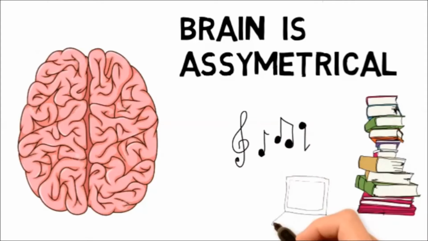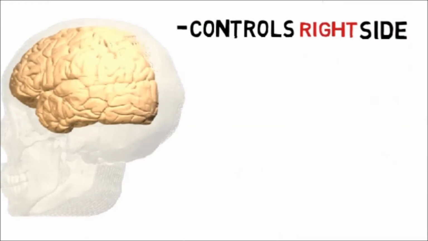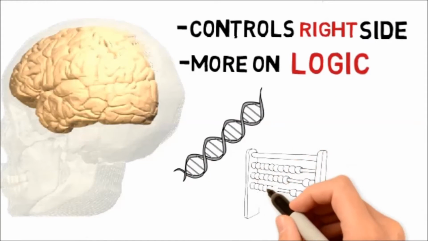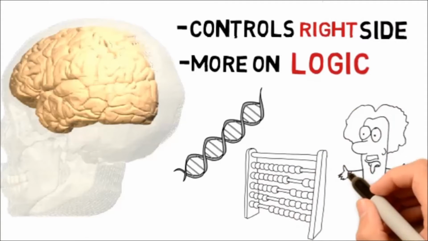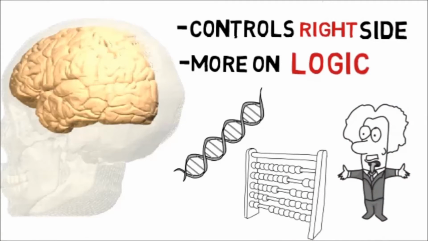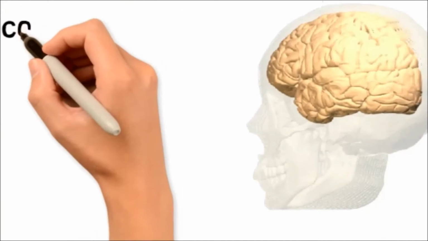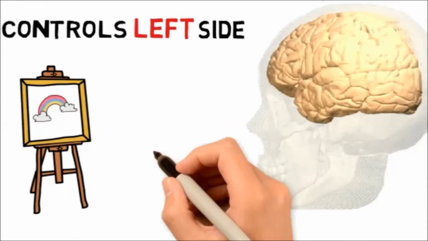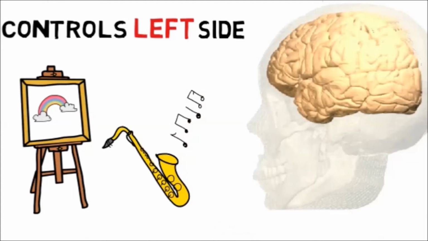This design allows us to process many things at once. For example, the left side of the brain is responsible for controlling the right side of the body and performing tasks that have to do with logic, such as in science and mathematics. On the other hand, the right hemisphere coordinates the left side of the body and performs tasks that have to do with creativity and arts.